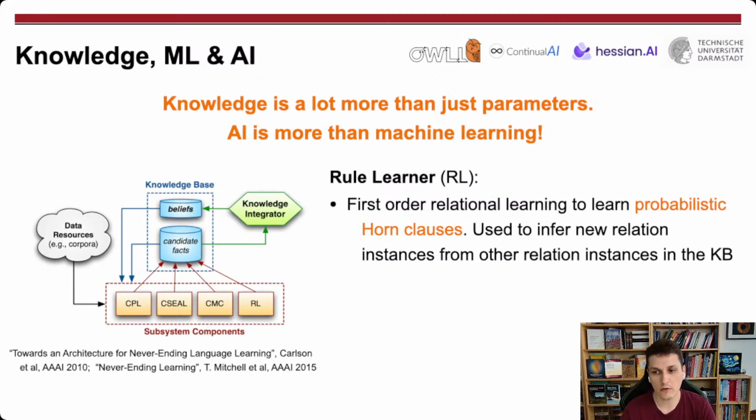Rather, if A and B hold true, then also C holds true, which allows you to have these definite clauses to even ease the learning process, because you can capitalize on these constraints.